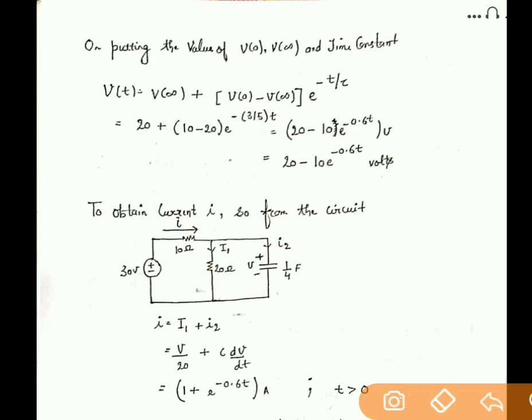We will just take the expression which I told you, the main expression of voltage across the capacitor. The main expression was V(t) equals V infinity, that is the steady state response, plus the transient response, and we will incorporate all the values we calculated in the initial stages. By putting those values you will get the answer like this. So this is the capacitor voltage.